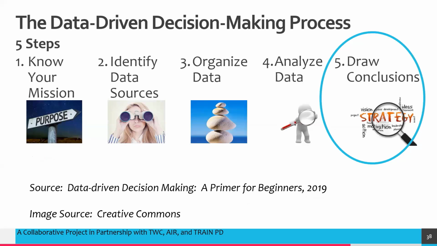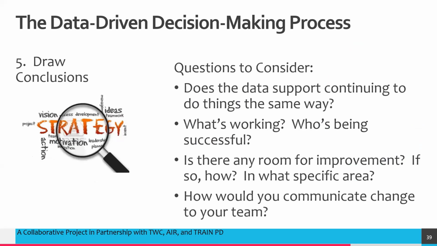And step 5. So based on our analysis in step 4, we move to step 5 and draw conclusions. This is where you ask questions. Can an outstanding example be used to replicate in another class? Does the data support continuing to do things the same way? Here are some other questions that you might ask.